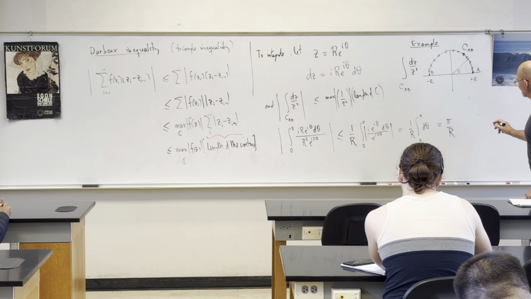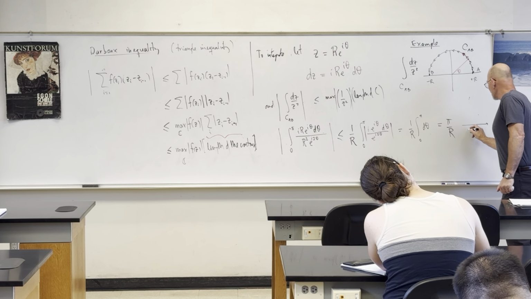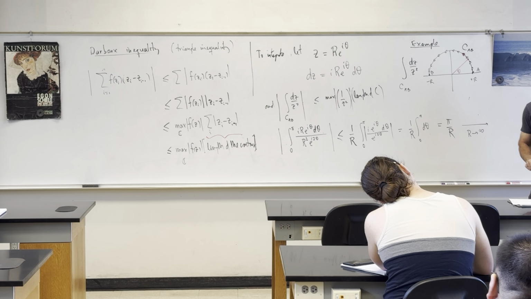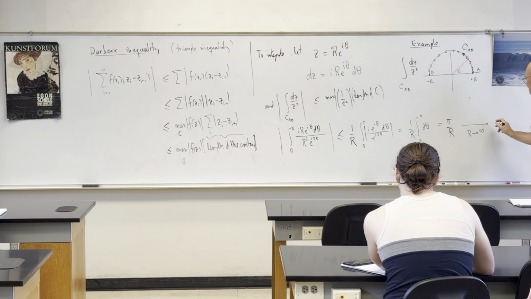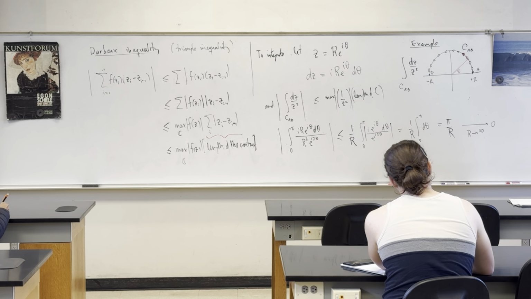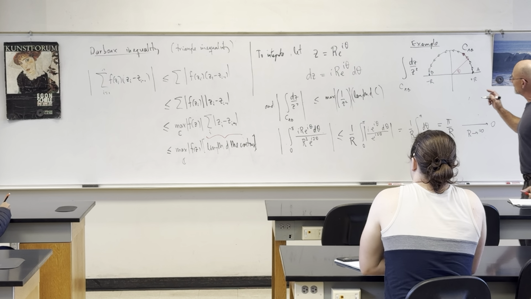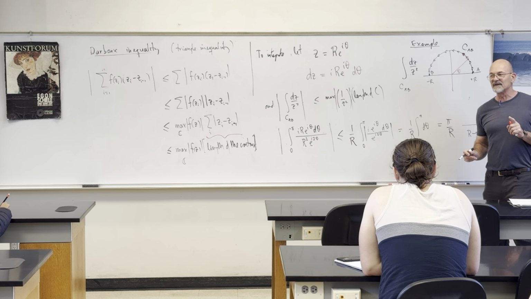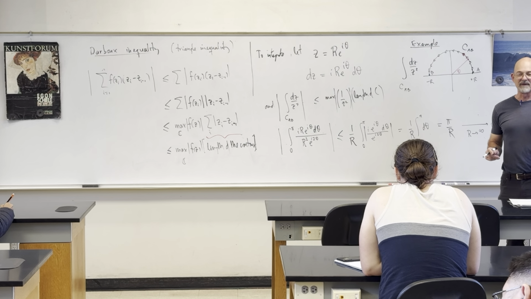And this is nice. What happens when R goes to infinity? There we go. We get 0. So this is going to be something we do a lot of in this class. And this is actually sufficient to make up for that limit we took when we did the Fourier transform of the Gaussian.